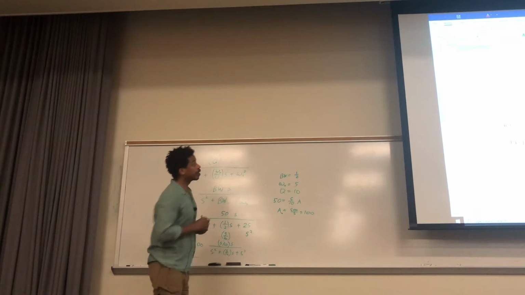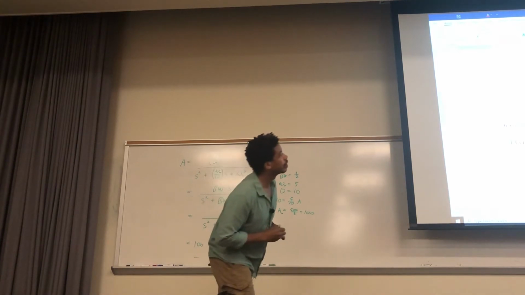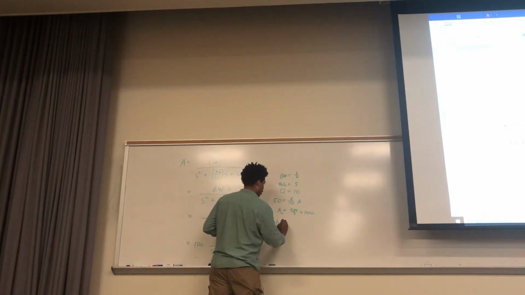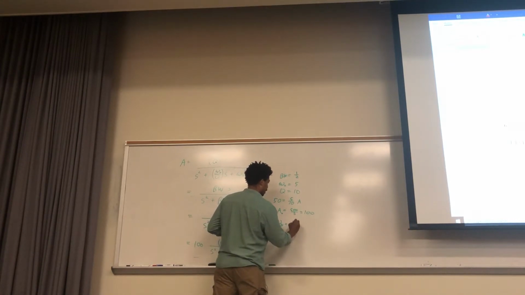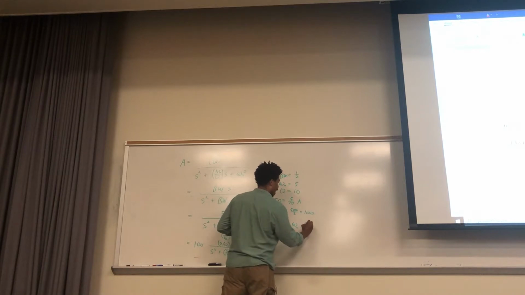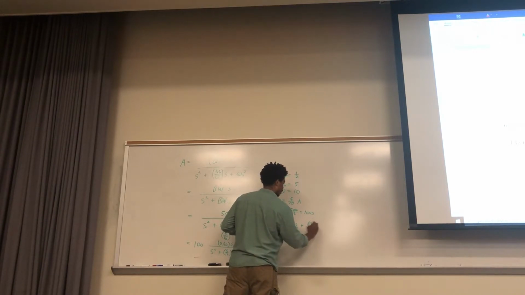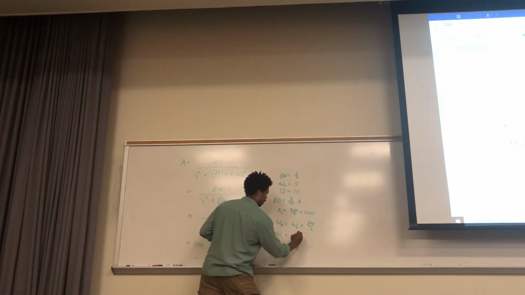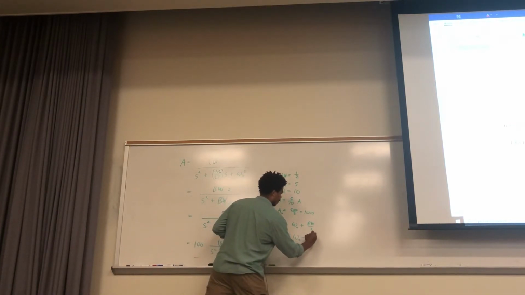And so our upper frequency, omega h, is going to be the center frequency plus half of the bandwidth. And our lower frequency is going to be that center frequency minus half the bandwidth.